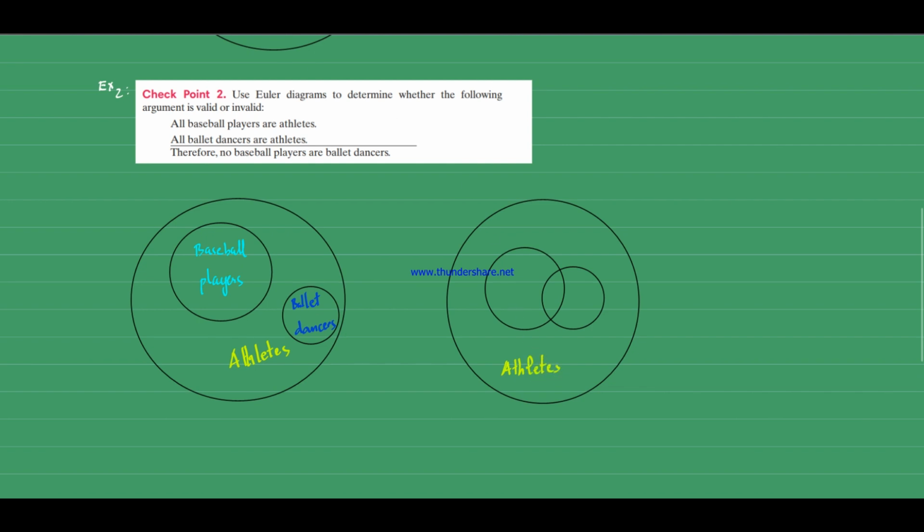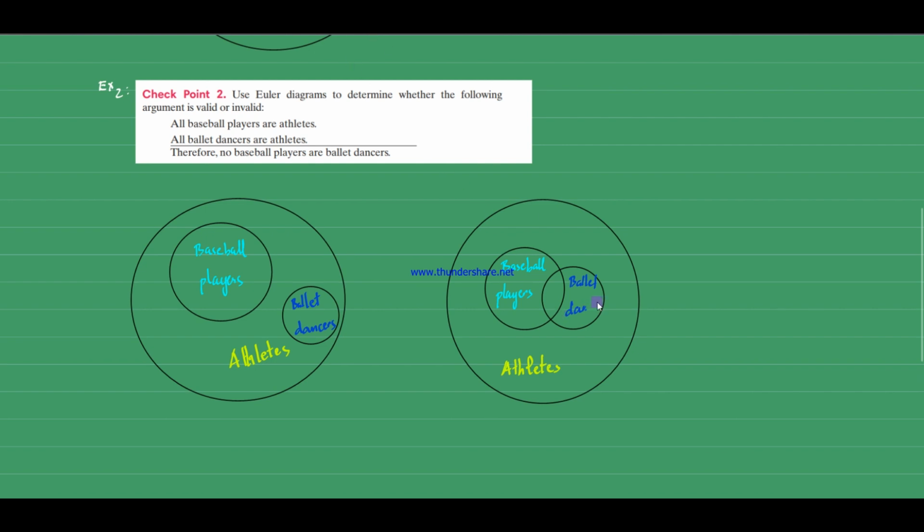Then I put baseball player. Then I'll put ballet dancer. Then you will see that the ballet dancer is also an athlete, but some ballet dancer is also a baseball player.